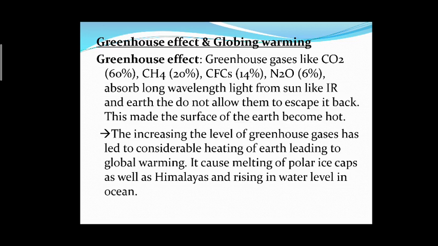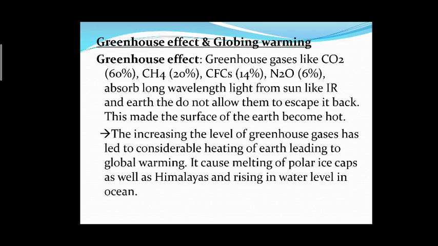The increased level of greenhouse gases has led to considerable heating of the Earth, leading to global warming. CO2 is expelled by vehicle exhaust. Methane is also produced in various ways.